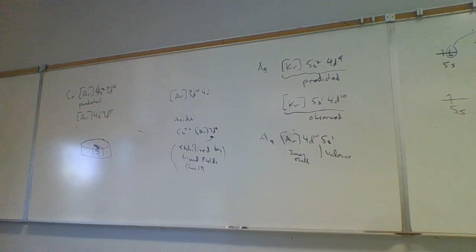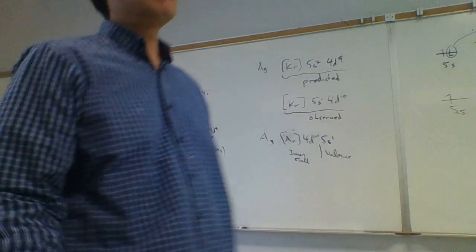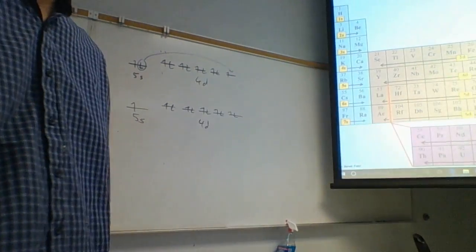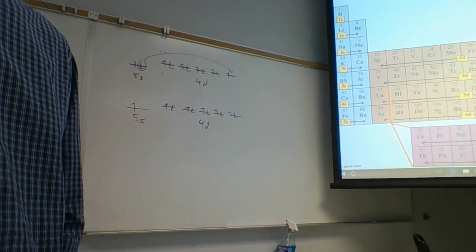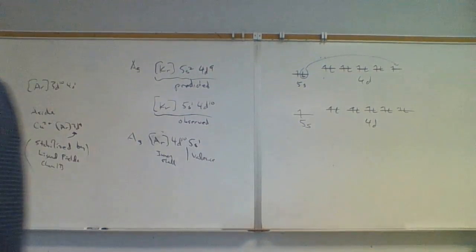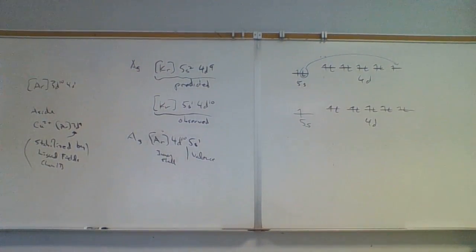The p is kind of similar in that way. It doesn't make that big of a difference here with p. It's the d's that we see this difference occur. So writing electron configurations, we use the periodic table to do that.